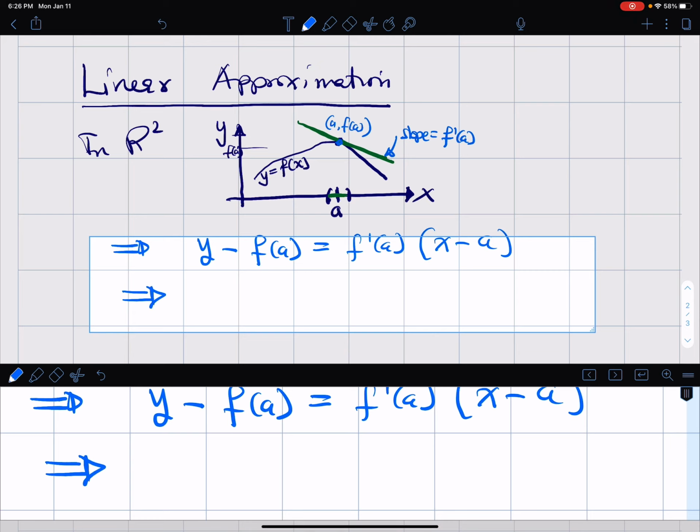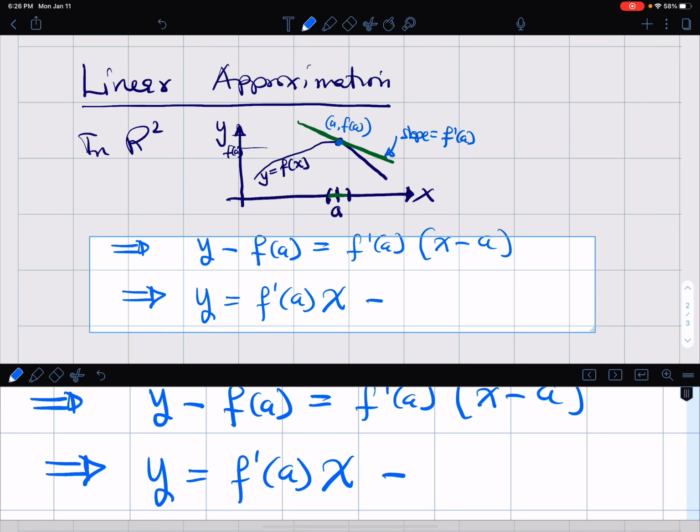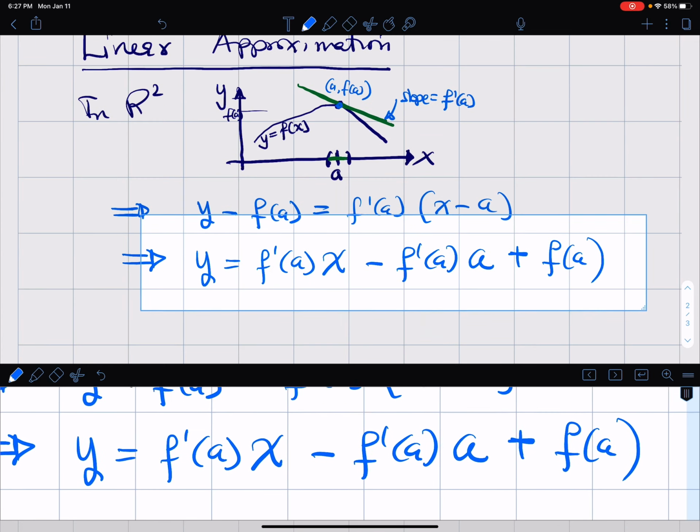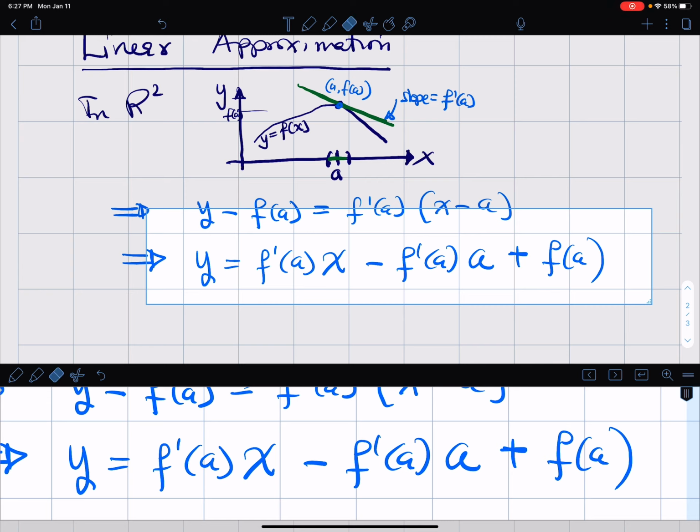You can expand it a little bit further, you get y is equal to f prime at A times x minus f prime at A times A plus f of A, right? Okay. Or maybe we don't even need to expand all this.